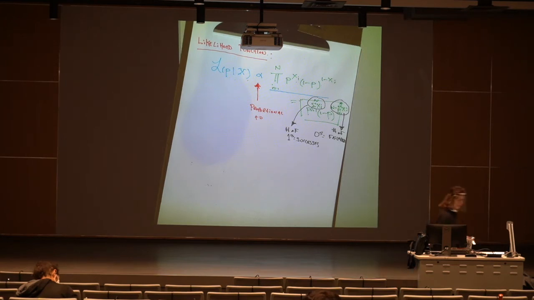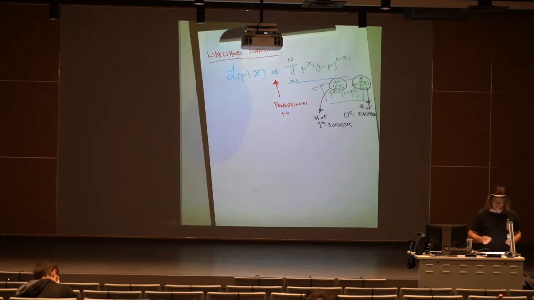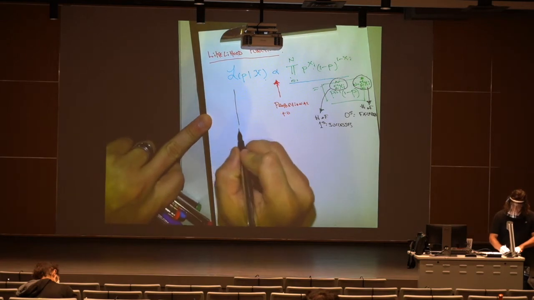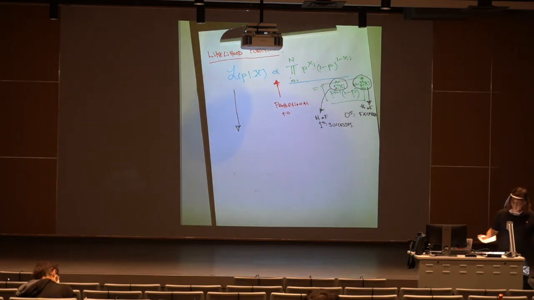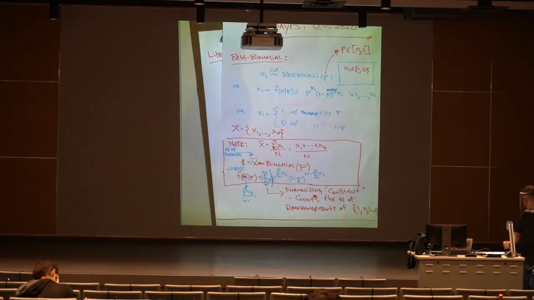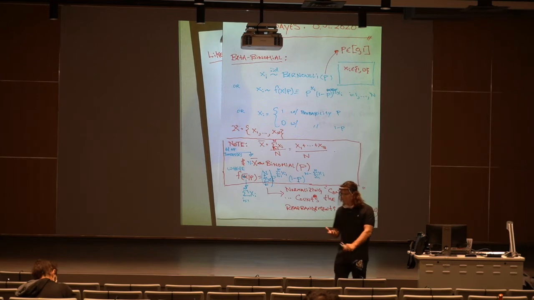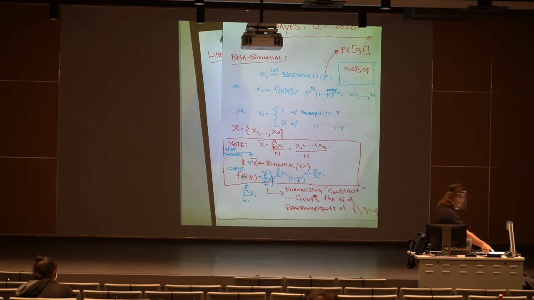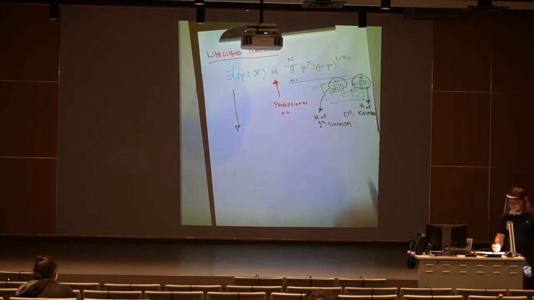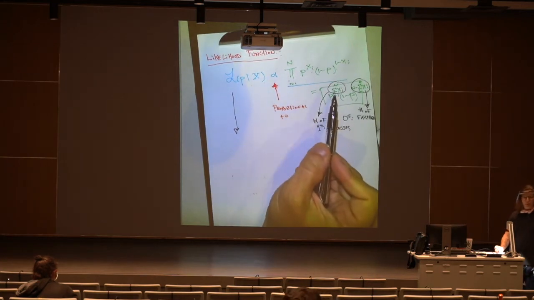I could have done this a little bit differently. I could have written down, using my binomial expression. So if I like working with the binomial up front, I know that the sum of the xi's is a sufficient statistic. What that really means is that it's the sum of the xi's that are important about this equation.